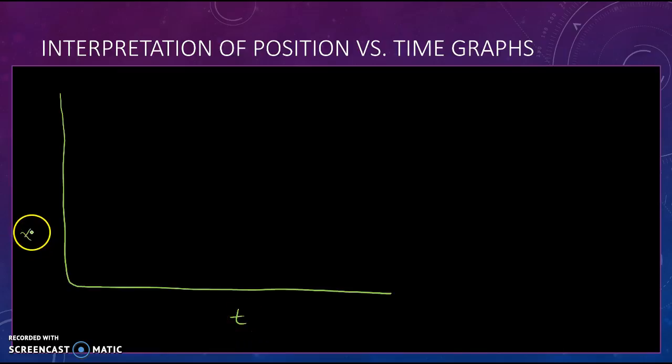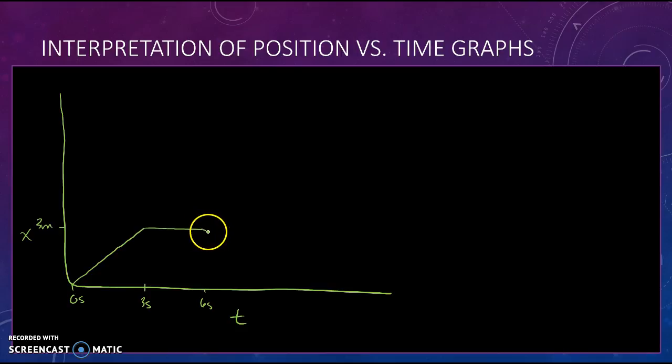We'll have position x on this axis. And say at time 0 seconds, we see a slant up to maybe 3 meters at 3 seconds. And then it flattens out to 6 seconds.